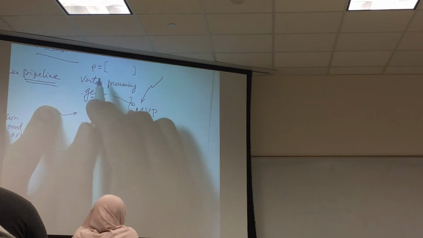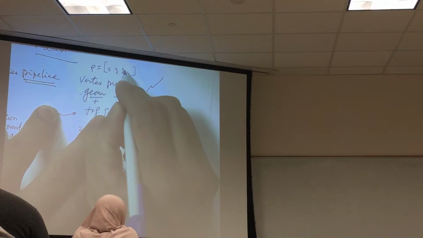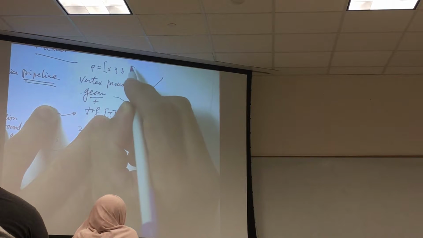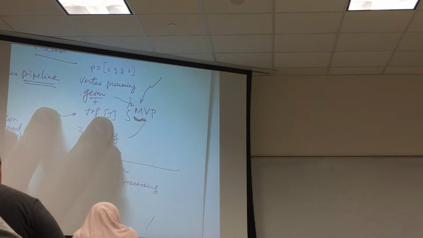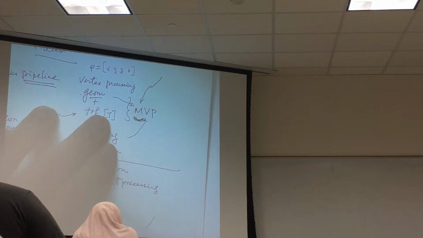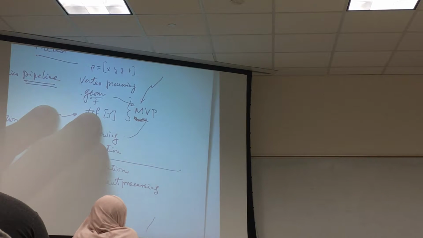When I write it in vector form, what's that? You have X, Y, Z, so px, py, pz, and 1. If you're missing the 1, you're going to miss the point, because T is a 4x4, so you cannot have a P which is 1x3 or 3x1.